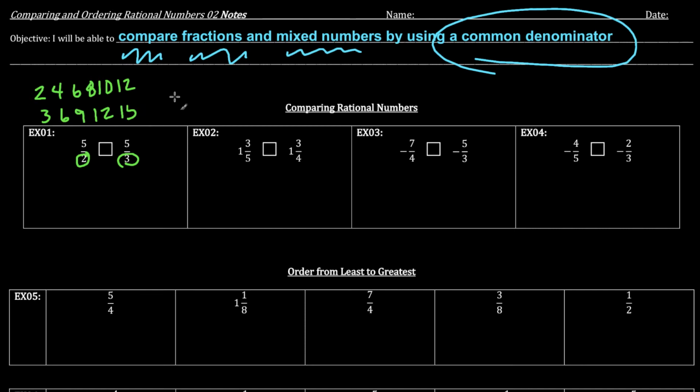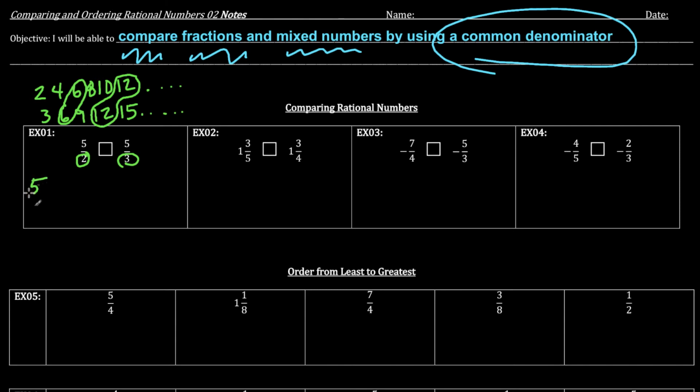We want to pick one that they have in common. So they both have 6 in common. And they both have 12 in common. And there's more numbers that they have in common that keep going. These are ones we're going to care about. So let's use 6. I like using the smaller numbers.